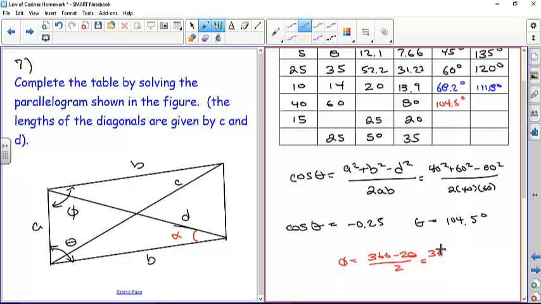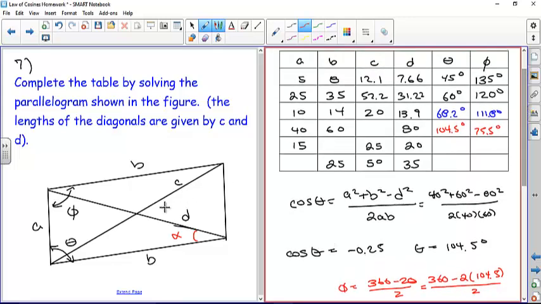So you get 360 minus 2 times 104.5, divided by 2, you get 75.5 degrees. Okay. Now we have phi, A, and B.